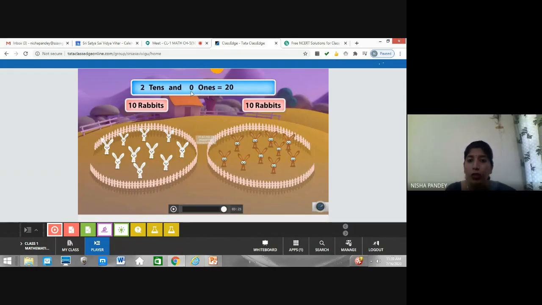There is nothing loose here, right? So we are going to write 0 here. We have to represent the ones with some number, as we don't have any single rabbits here. So two tens and 0 ones will form 20, will give the number 20.